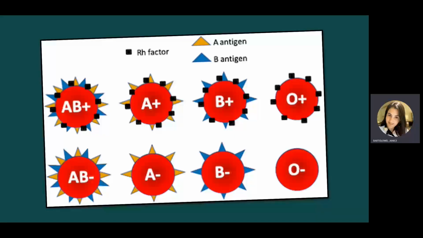And they all have to do with the type of blood the individual is. And then also there is the Rh factor. So a client could be A positive or AB negative. It could be A positive or A negative, B positive, B negative, and O positive and O negative.